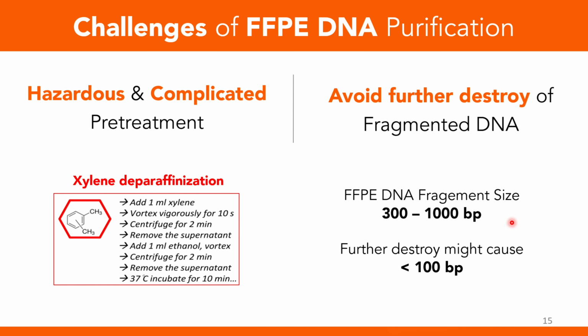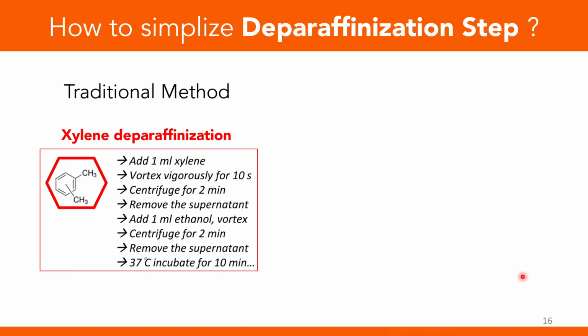But due to the purification procedure, if we do not take care of the DNA, normally we will further destroy it into smaller pieces, like less than 100 base pair. If this happens, it will be very difficult for following detection. So we need to avoid further destruction of the fragmented DNA. These are the two challenges of FFPE DNA purification.